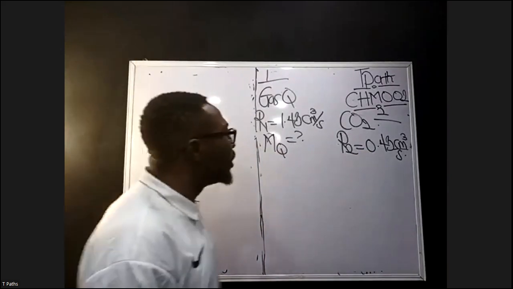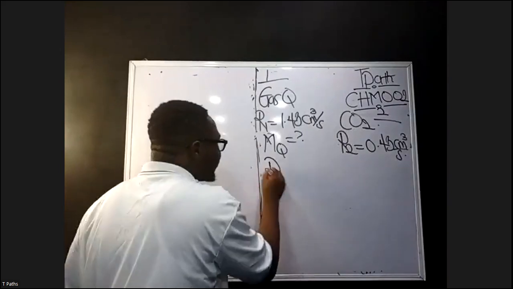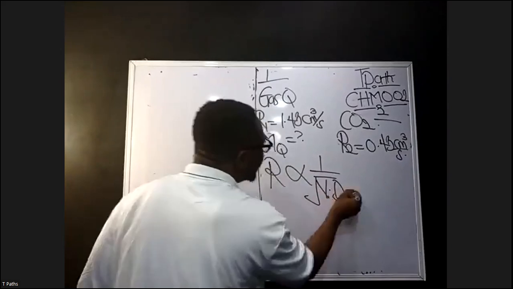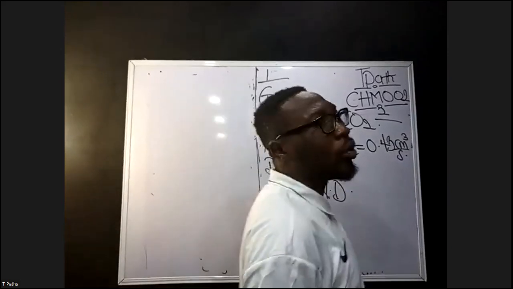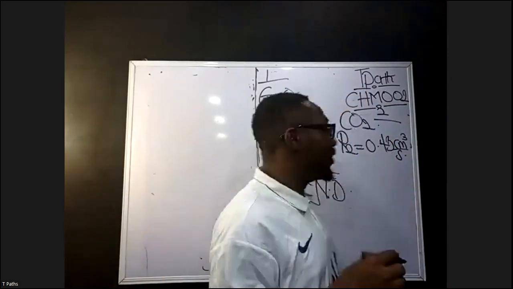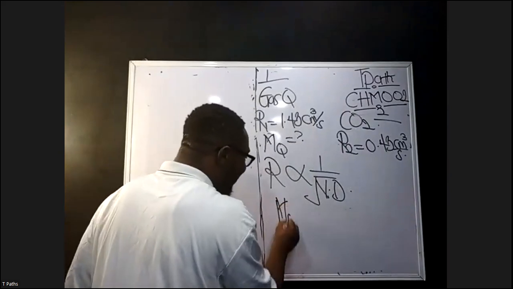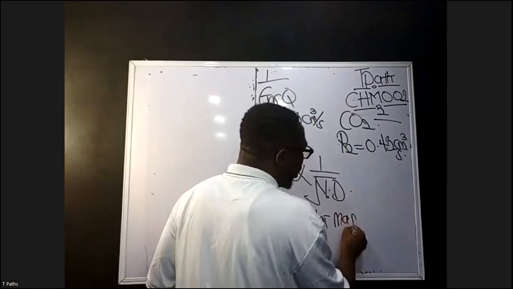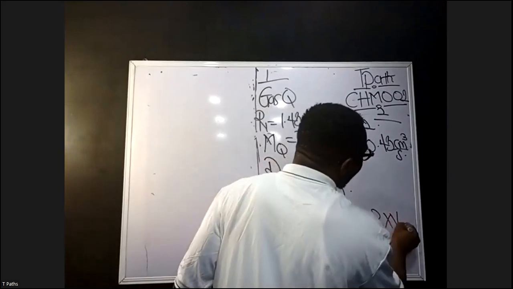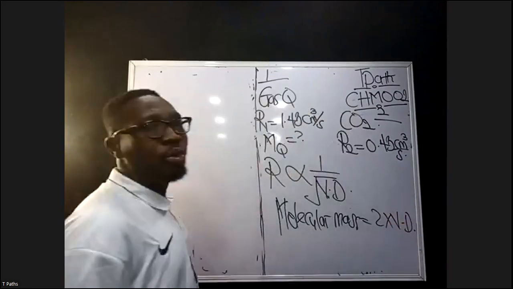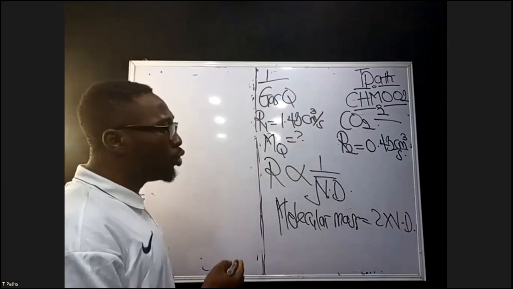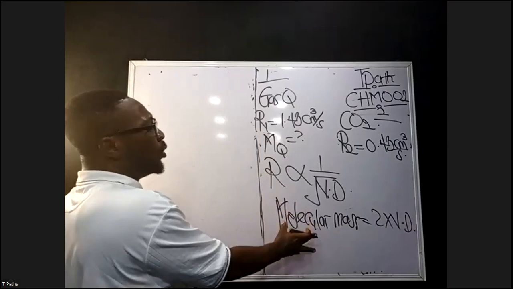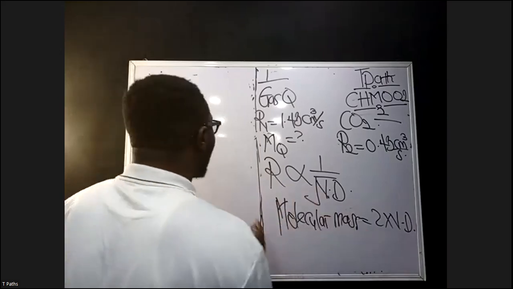But recall that molecular mass is equal to 2 times vapor density. Please, don't joke with this formula. If I input this molecular mass here and derive it, I'll get something like this.